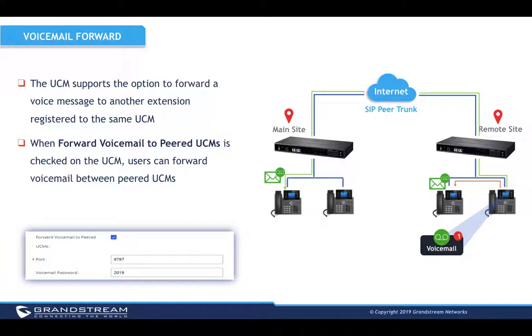In this fashion, from your IP phone, you can forward your voicemail to another extension at the remote site. So just make sure the port number on both UCMs is the same.